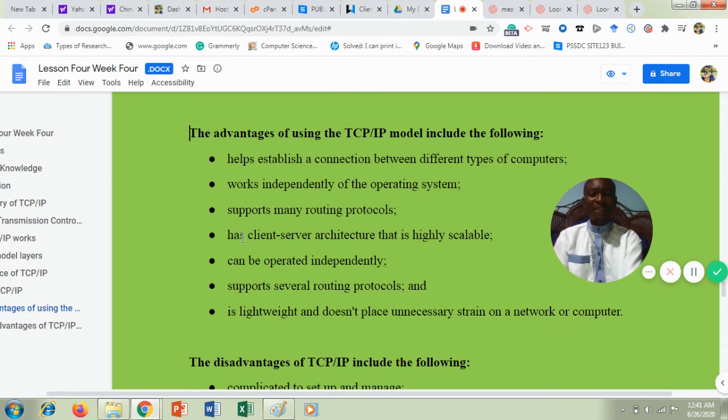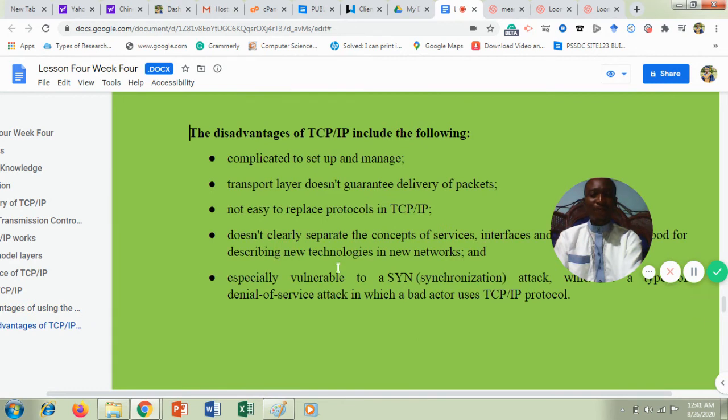Then remember, as we said, it has this client-server architecture, and it is highly scalable. It can operate independently on its own without any other application working along with it. It supports several routing protocols and it's light. It's not that heavy.